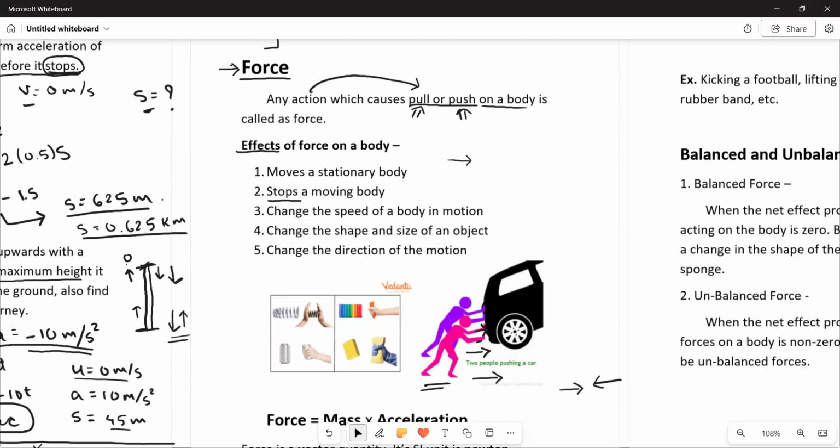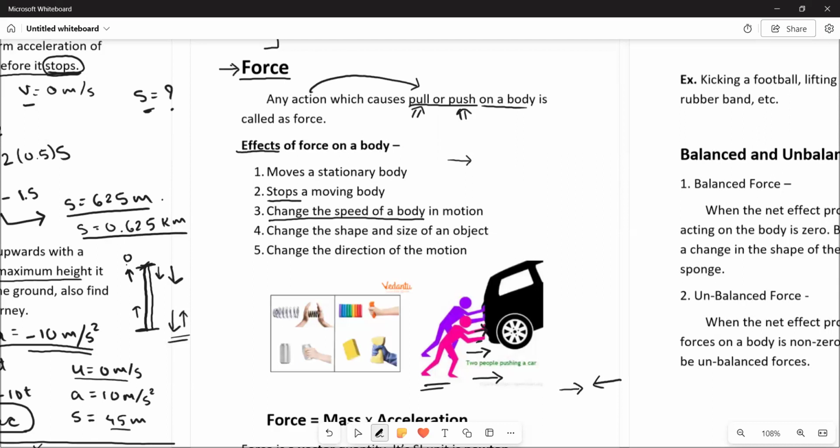If you are pushing, means you are applying some force, and because of this force, whenever you pedal the cycle on a slope, your speed starts increasing. Means whenever you apply force on your pedal, the speed of the cycle will increase, right? So we can also change the speed of the body in motion.